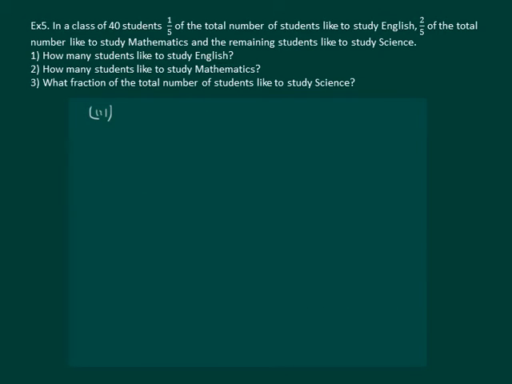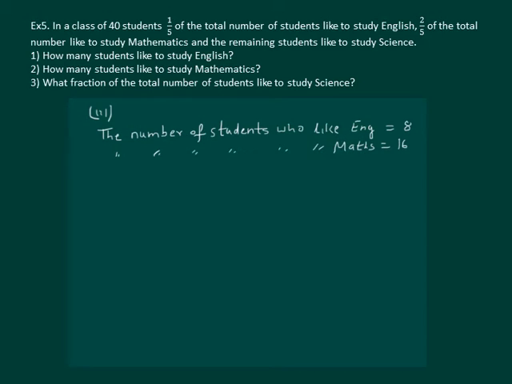Third part of the question reads, what fraction of the total number of students like to study science? We have already calculated that the number of students who like English are 8 and number of students who like maths are 16.